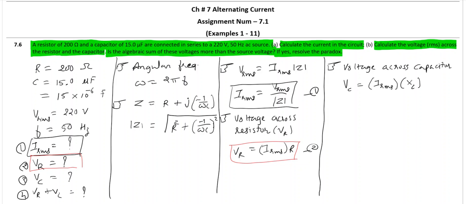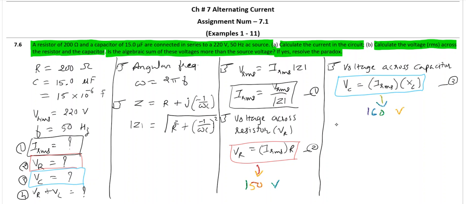What is XC? 1 upon omega C. Okay, so this is your third result, VC. Now, after carrying out calculation, you will see that VR value is around 150 volt, and VC value is around 160 volt approximately. You have to carry out calculation and check exact answer.